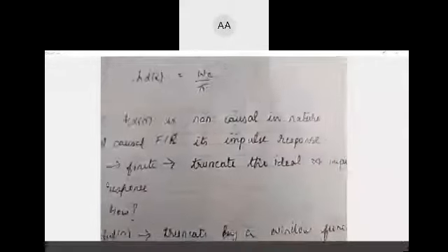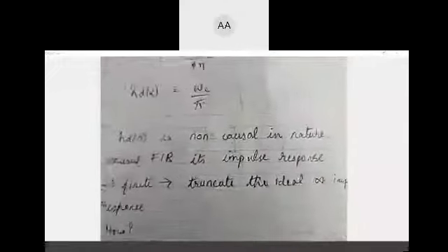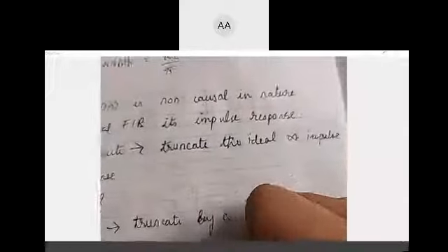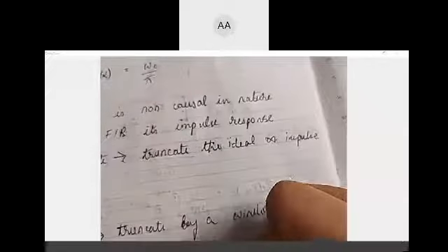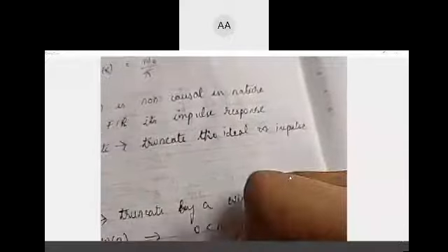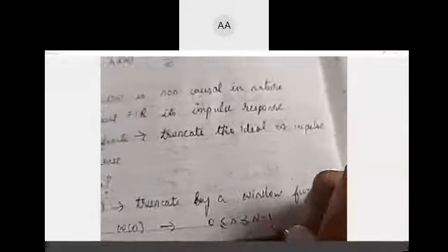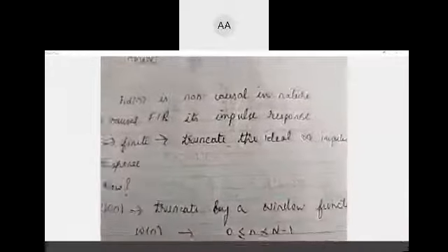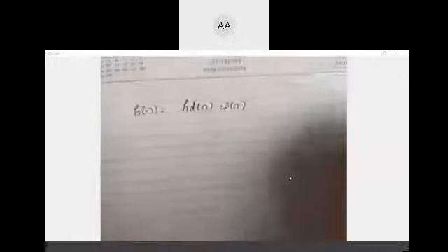So how do I do this? What is the range of the window function? The range of the window function should be 0 to N minus 1. So your h of n is hd of n into w of n. This we saw earlier also.